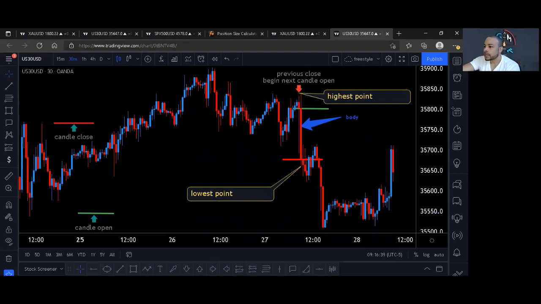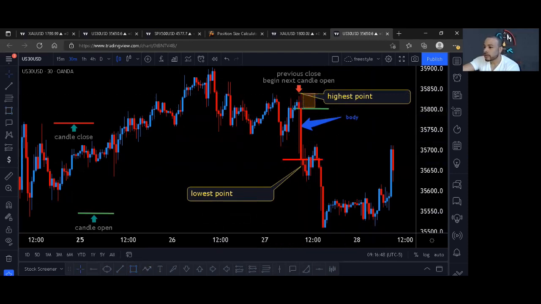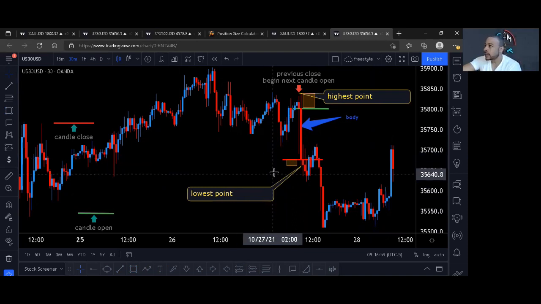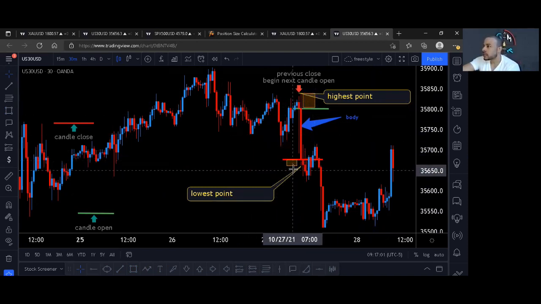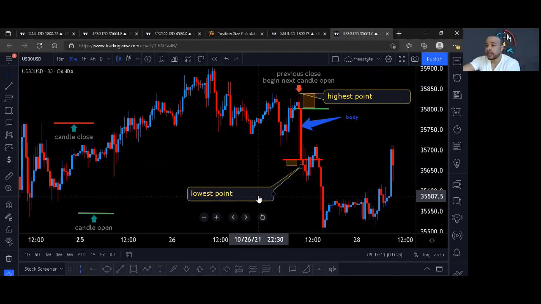From the top of the body to here, it's going to be our wick. And from the bottom of the body to the lowest point is going to be our wick. And so we have just looked at this one candle, and we have just looked at how to read price action.